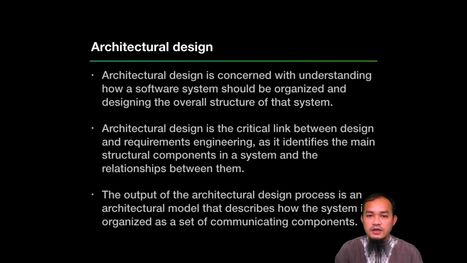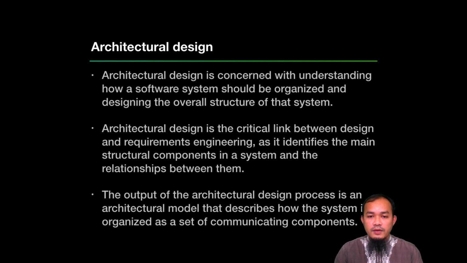Architectural design is concerned with understanding how a software system should be organized and designing the overall structure of the system. This is the definition of architectural design. Architectural design is the critical link between design and requirement engineering. It identifies the main structural components in the system and the relationships between them.